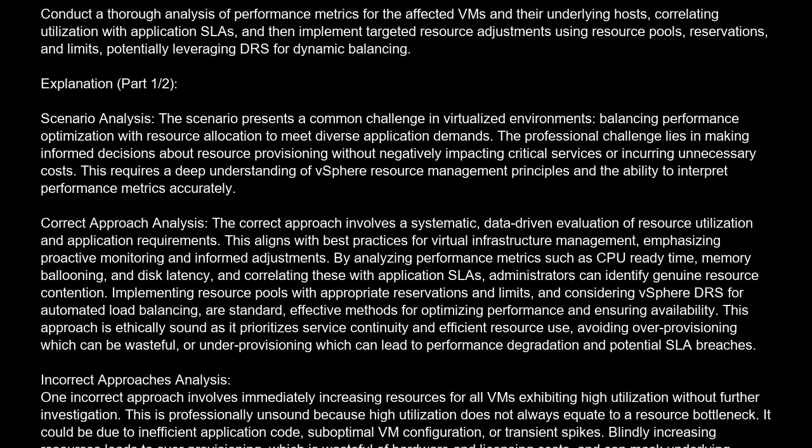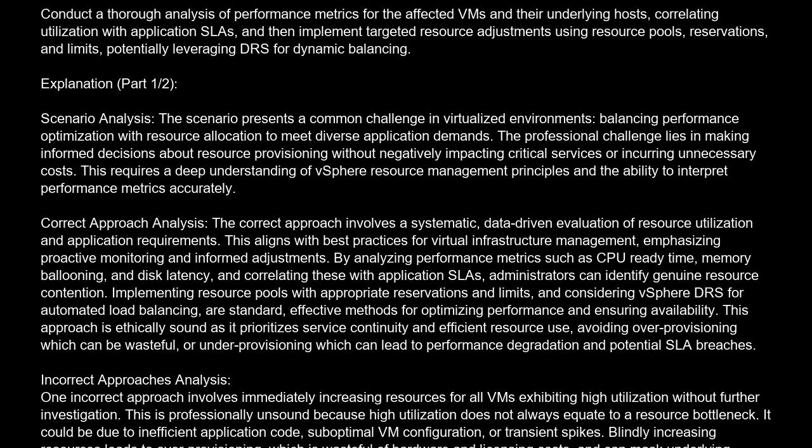This aligns with best practices for virtual infrastructure management, emphasizing proactive monitoring and informed adjustments. By analyzing performance metrics such as CPU ready time, memory ballooning, and disk latency, and correlating these with application SLAs, administrators can identify genuine resource contention.